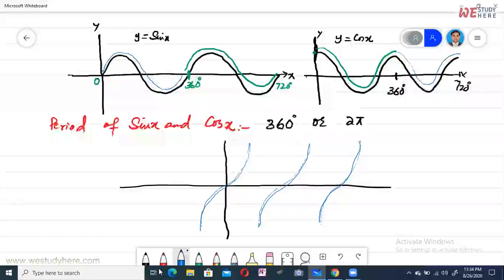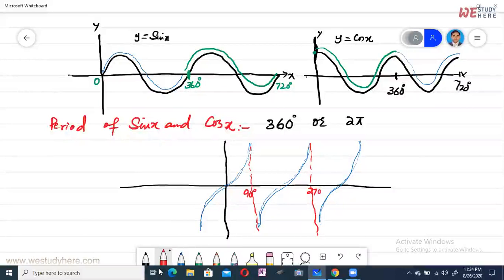Tangent functions behave very differently from the sine and cosine functions. The tangent function repeats its cycle after every 180 degrees. If we take one round from this position to this position, at 90 it is infinity, and at 270 it is minus infinity.